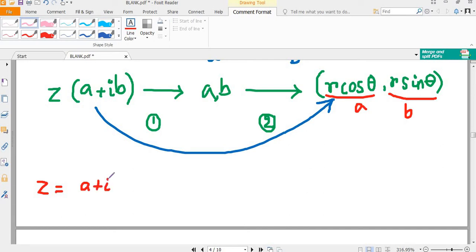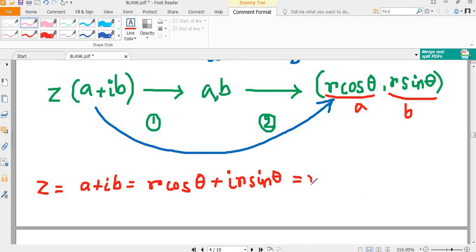Now instead of A, I'll write r cos theta, plus i, and in place of B, I'll write r sin theta. There we go. We have another alternative form of representing a complex number.